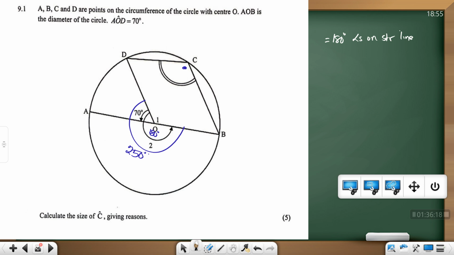So AOB, which makes angle O2 to be what? 180 plus 70. And that gives us what? Now angle C is equal to 125 degrees. What's your reason? Angle at center is 2 times angle at circumference.